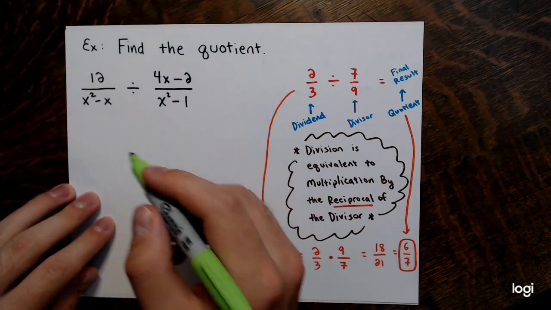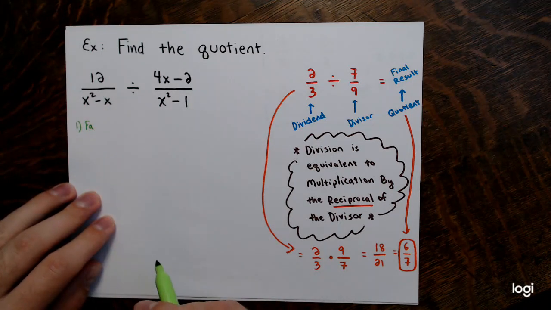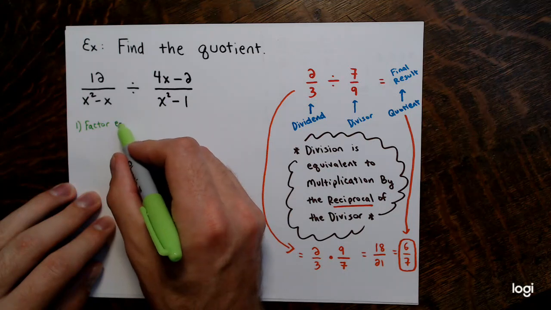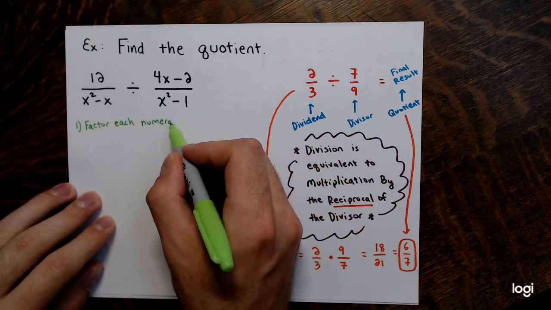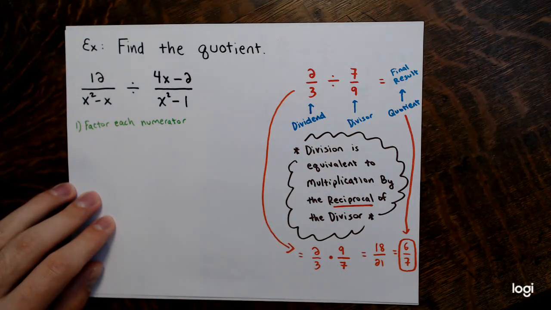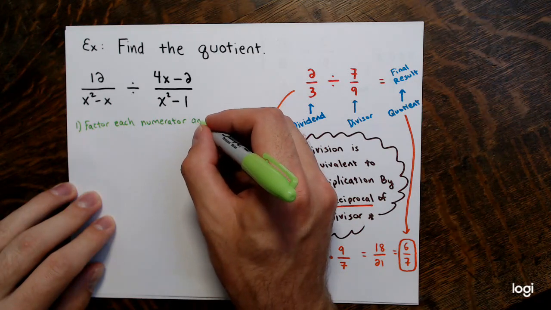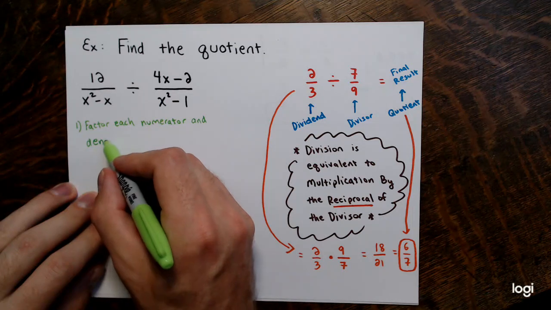I'm going to factor each denominator and numerator completely. That way we can very easily see what's not allowed to be plugged in for x, what gives me denominators of 0, which are not good. So factor each numerator and denominator completely.